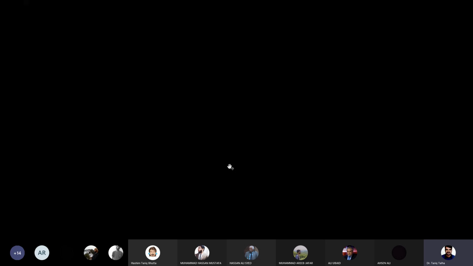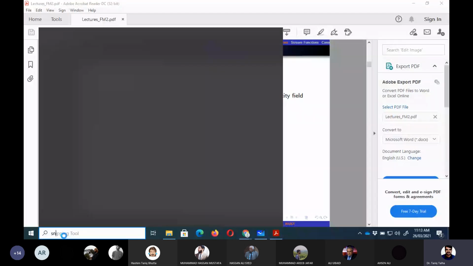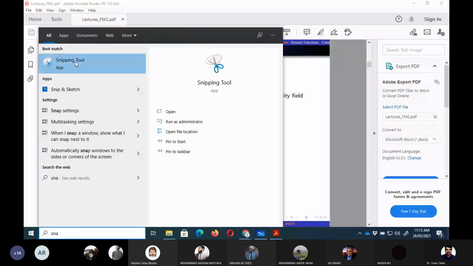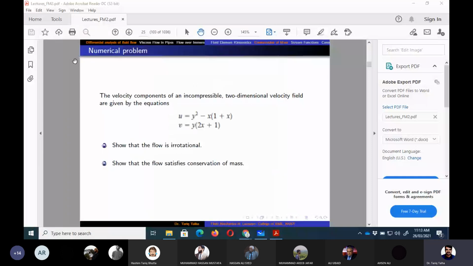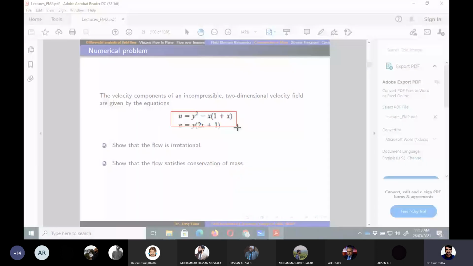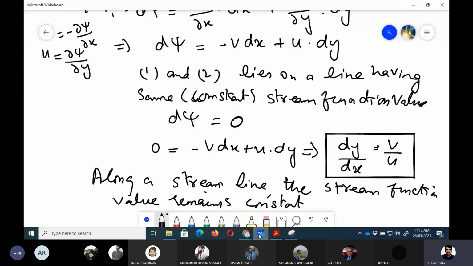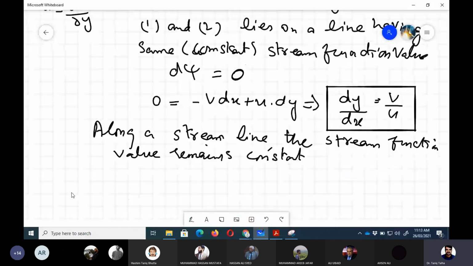So let me show the velocity components here.